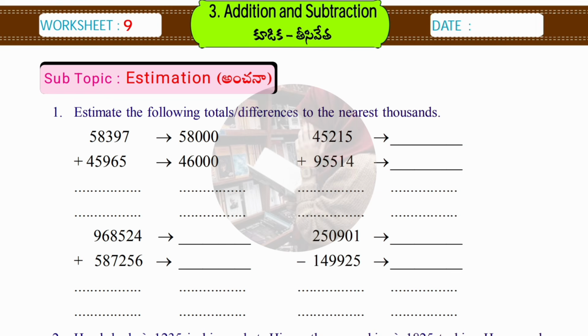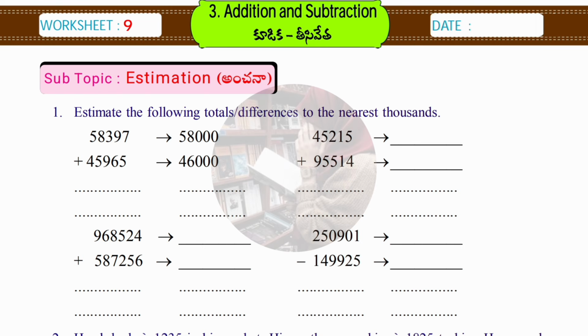One example is given for us, which is 58,397. If you observe this number carefully, it is closest to 58,000. That's why 58,000 is given. Next, plus 45,965. After 45,000 we have the digit 9, means it is closest to 46,000.